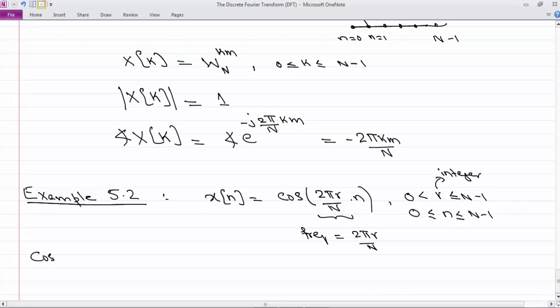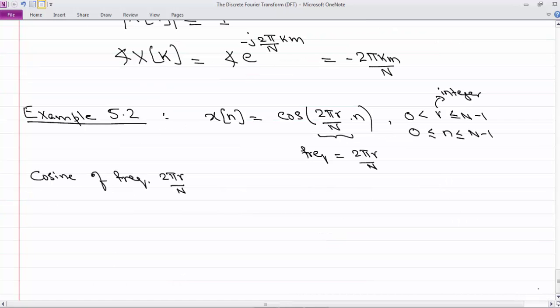So this is a cosine of frequency 2 pi r over N, which means it is periodic, but over only one period.